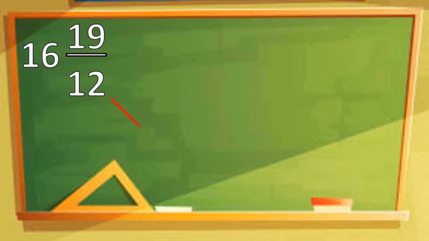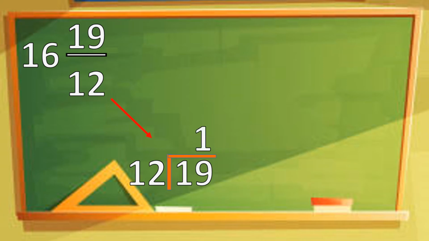To do that, we have to change 19 over 12 to a mixed number. To change an improper fraction to a mixed number, just divide the numerator by the denominator. 19 divided by 12 is 1. 1 times 12 is 12. Subtract, we get 7, and 7 is our remainder.